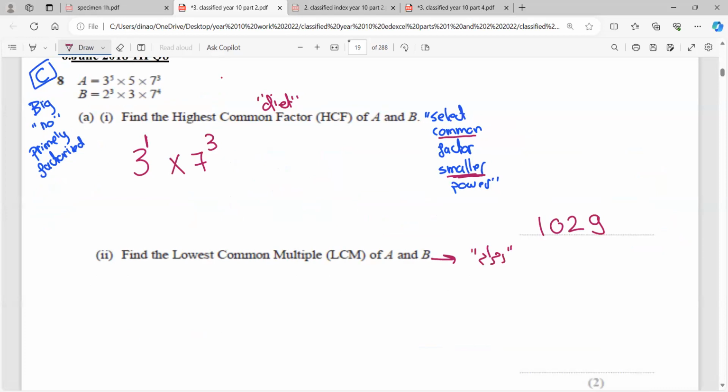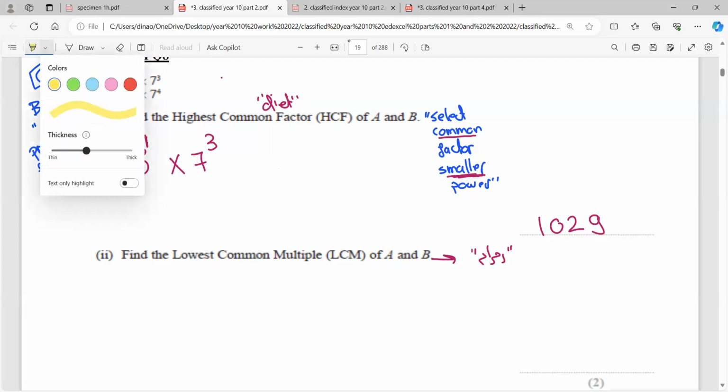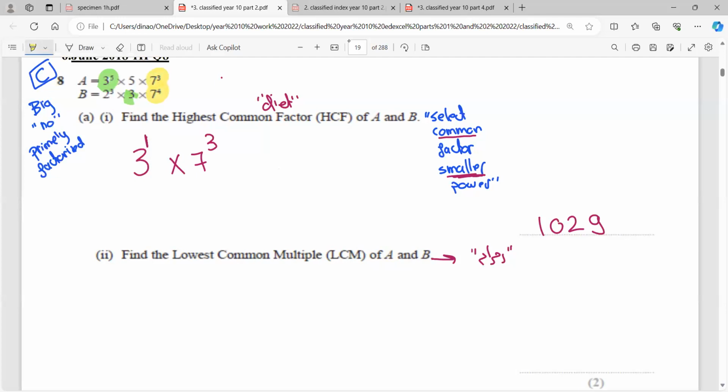What does the LCM do? Now first let's highlight the common and keep them highlighted. The LCM also takes a bit from the HCF. Now the LCM, as for the common factors, the highlighted ones, he selects the bigger power.